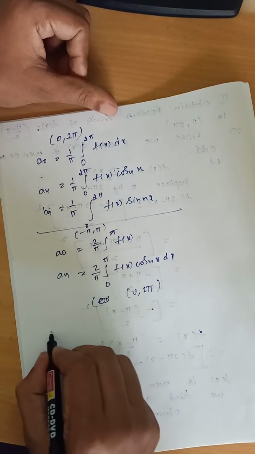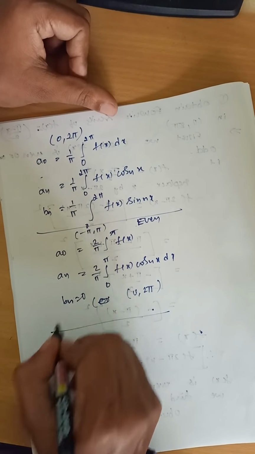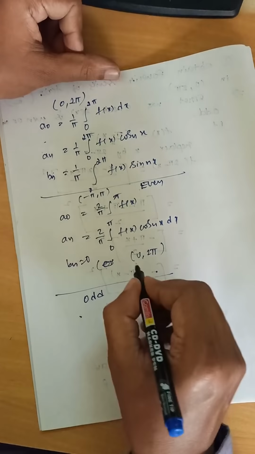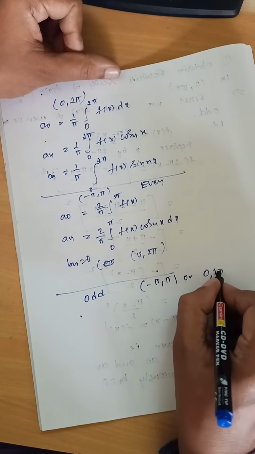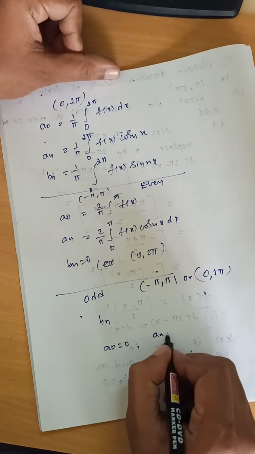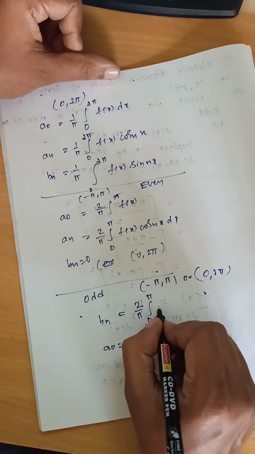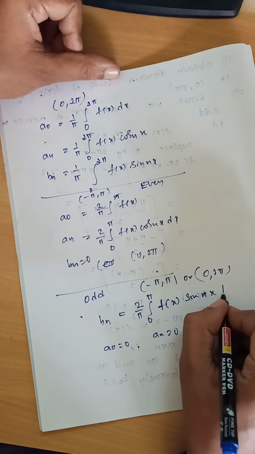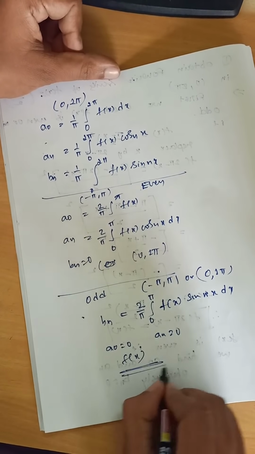For even, bn is 0. Next, if it is odd, for minus pi, comma plus pi or 0, comma 2 pi, we find only bn; a0 is 0 and an is 0. Bn is 2 by pi integral 0 to pi of f of x into sin nx dx. After finding bn, we construct f of x.